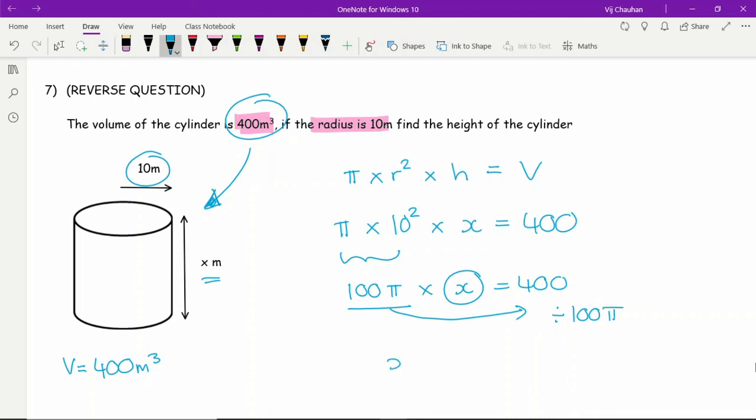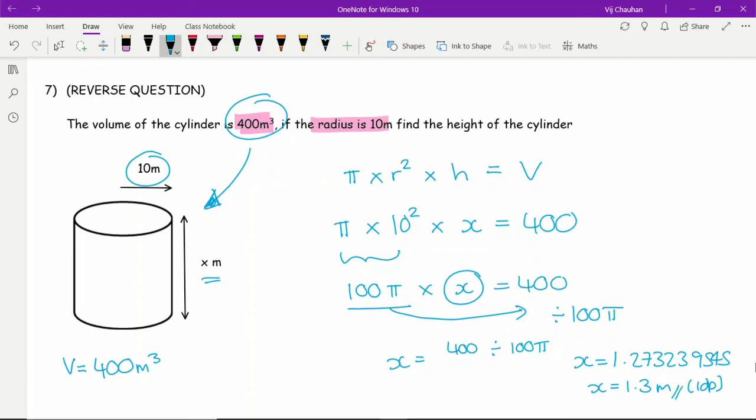So x equals 400 divided by 100 pi, and I type that into my calculator and get an answer of 1.2732395545. In other words, if I round that, I get 1.3 metres to 1 decimal place.